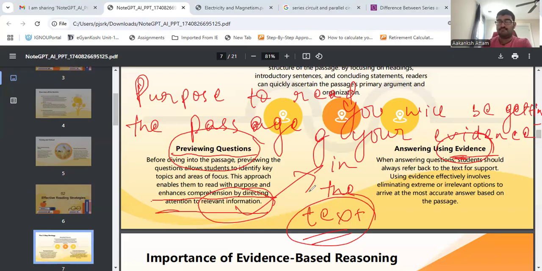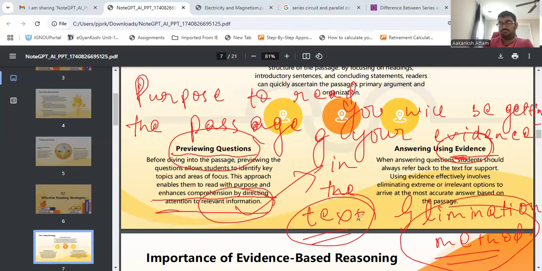It's the elimination method. Here, what exactly are you doing? You are eliminating extreme or irrelevant options. Did you understand that? Amazing.